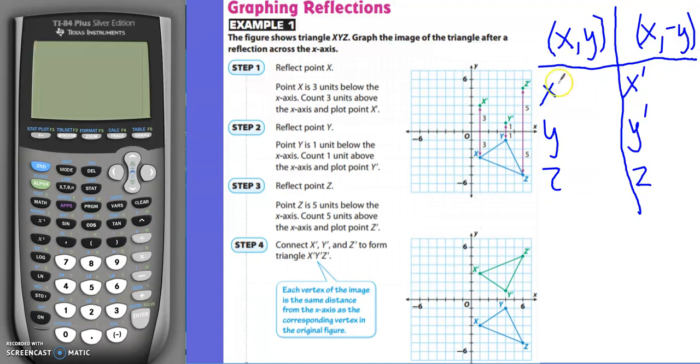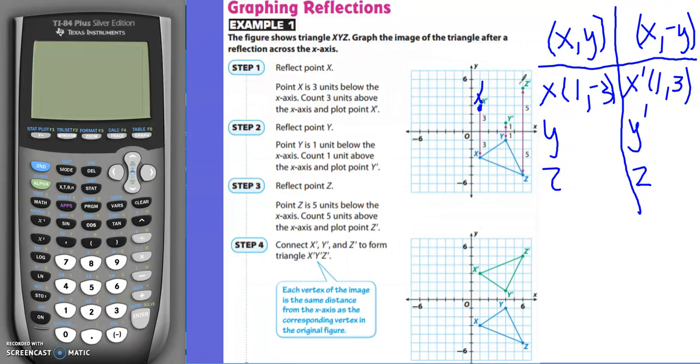Alright, so we have the ordered pair 1, -3 for X. Now, if we take X and we leave it the same, it's still 1, but the opposite of -3 is +3. So, graphically looking at it, this is 1, 2, 3 away from the x-axis, and this is 1, 2, 3. So we plot our point here, and we call it X prime.